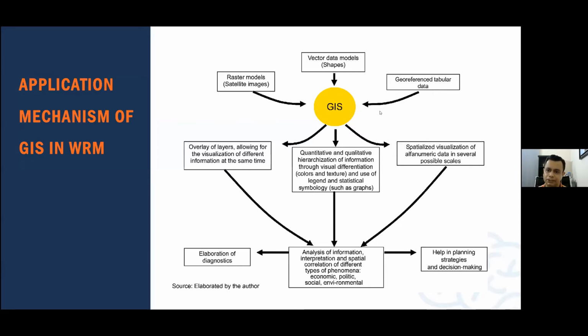All are possible to integrate in GIS, and then we can perform this kind of things. And then finally, we can have the elaboration of this analysis, and have some planning strategies for decision making. So this is the very generic overview of the application mechanisms of GIS in water resource management.